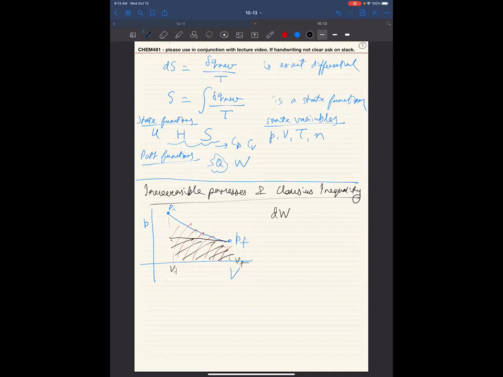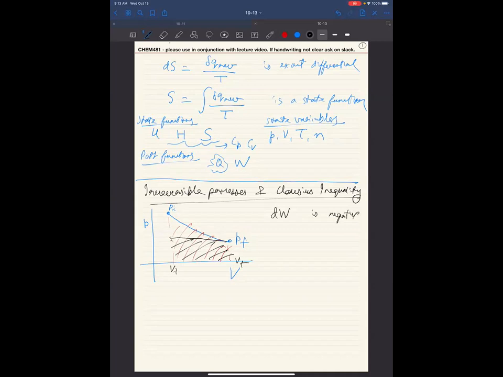Work done by the system, will it be negative or positive? Negative, why? No, the system is doing work. Yeah, the system is doing work as you are expanding. As a gas expands, you can get something out of it. To contract something, you have to do work on it. So dW will be negative.